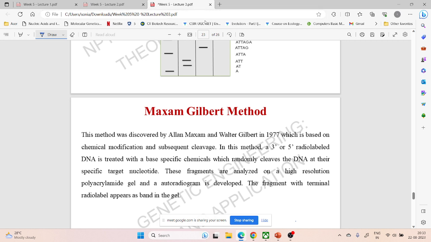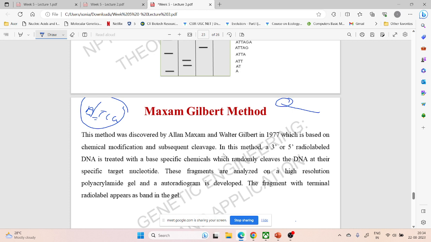Here, whatever DNA sequence we have, first with the use of chemicals, we are modifying the DNA. So with the help of certain respective chemicals, we are modifying the nucleotides, subsequently cleaving it, and then doing the sequencing.